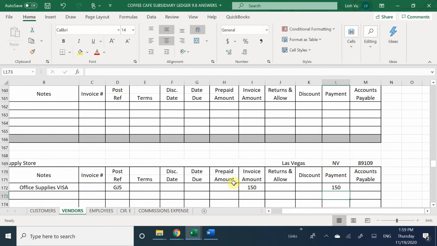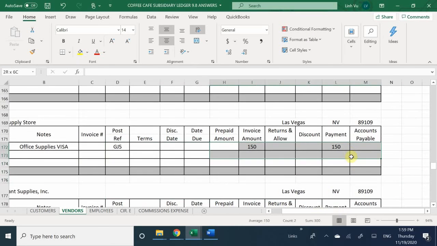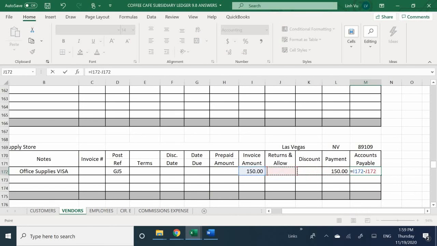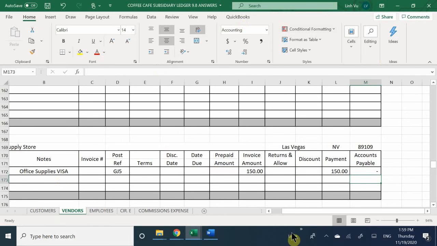Yes, we paid using our Visa credit card, which also kind of acts as if you did pay it. Minus this, giving us a 0 balance for accounts payable. That's everything, right?